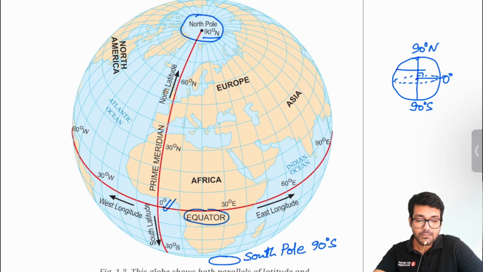Similarly, there are other parallels of latitudes or circles parallel to equator.